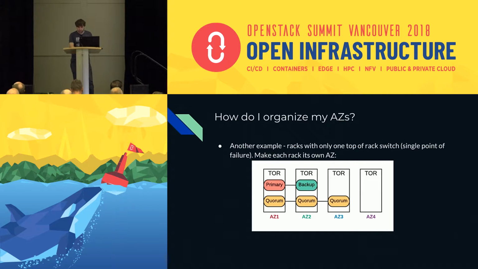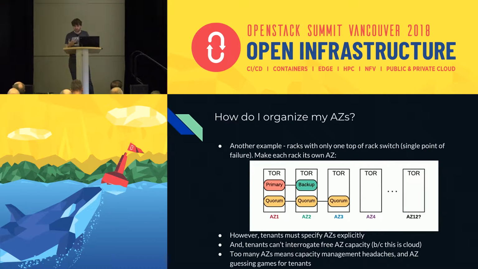But as we add more racks, we're going to get more AZs. If we have 12 AZs, then tenants are going to have to choose 2 or 3 to use out of 12. Unfortunately, they can't say, schedule my app to any 2 AZs out of the 12 that have capacity. They don't have the ability to do that in OpenStack.